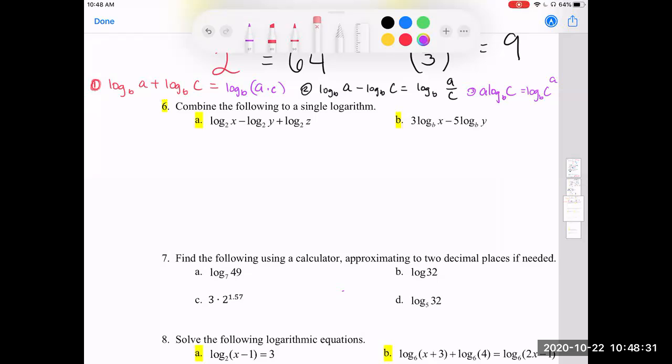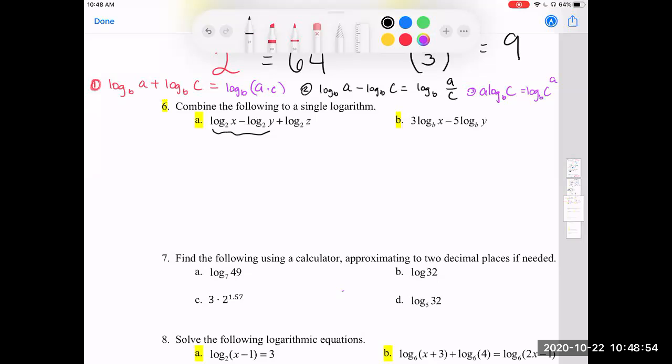So for 6, it's asking us to combine the following to a single logarithm. I can use my rules of logarithms that we have above to make that happen. So let's go ahead and begin. Let's look at this first problem. We have log base 2 of x minus log base 2 of y plus log base 2 of z.